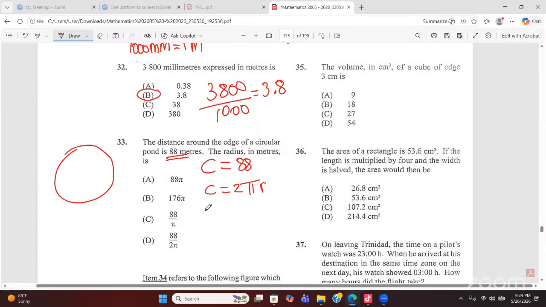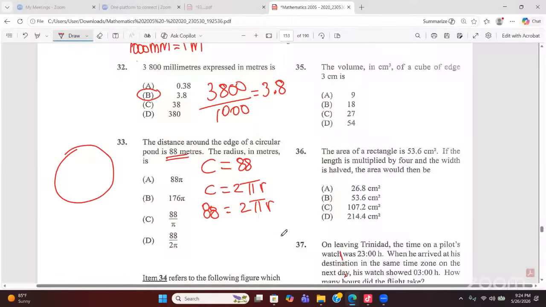Now that means 88 is equal to 2 pi r. What are you trying to find? You're trying to find the r. So in your effort to find the r right there, what you're going to do is to divide by 2 pi so that it cancels itself on the right side.